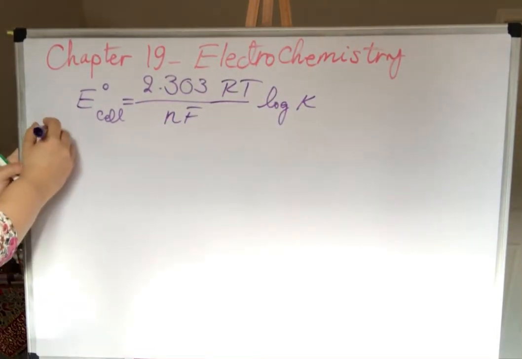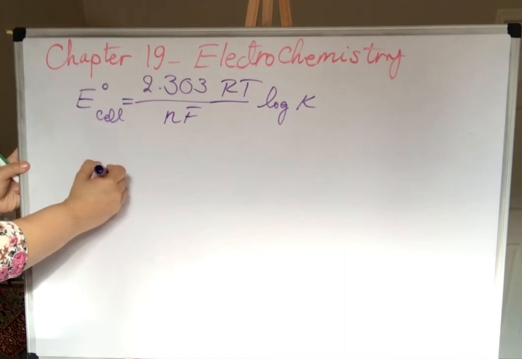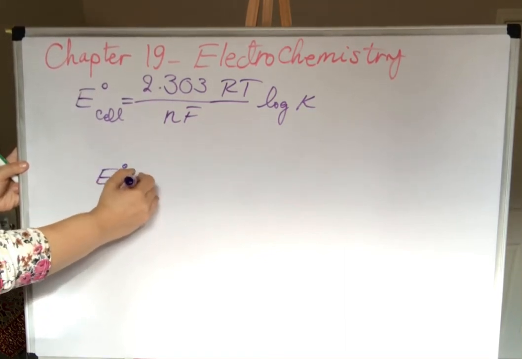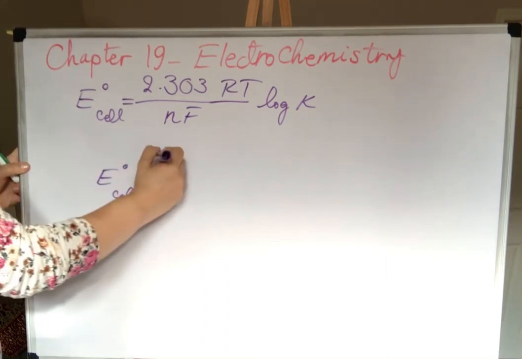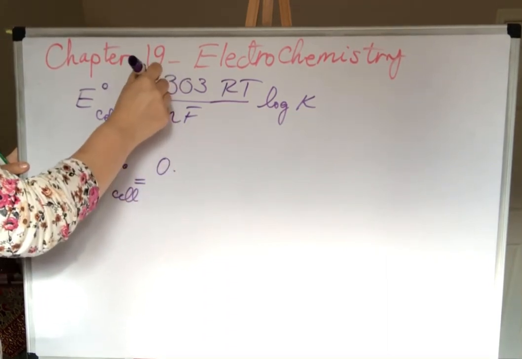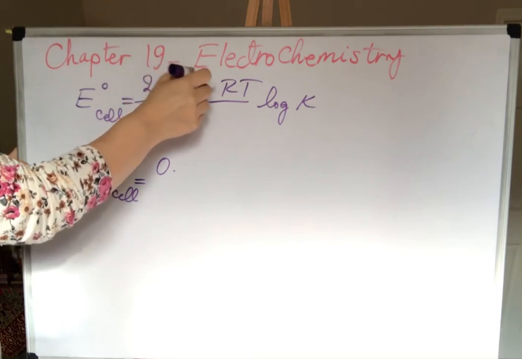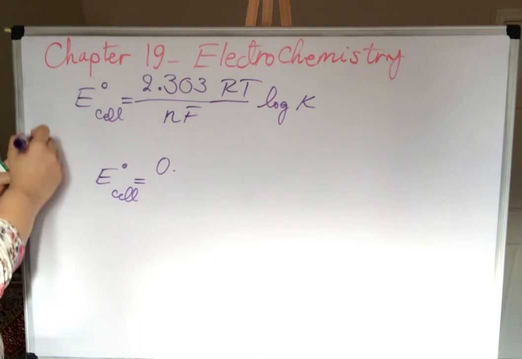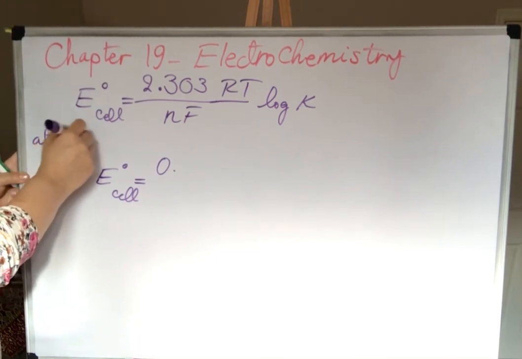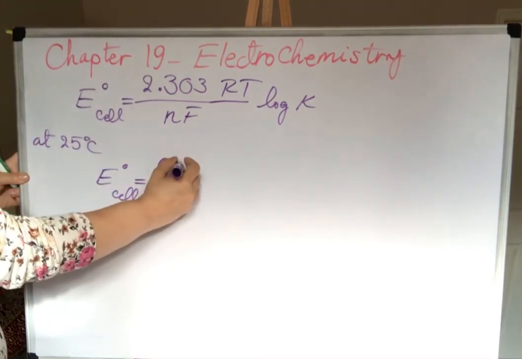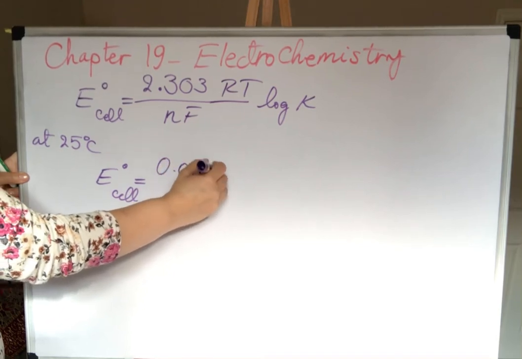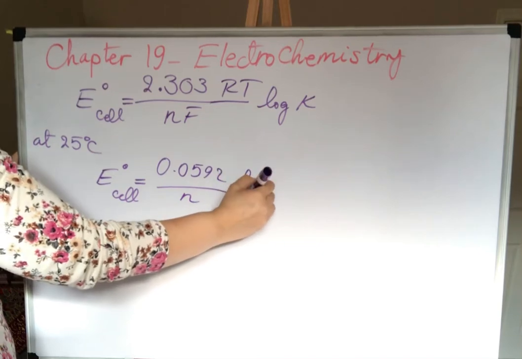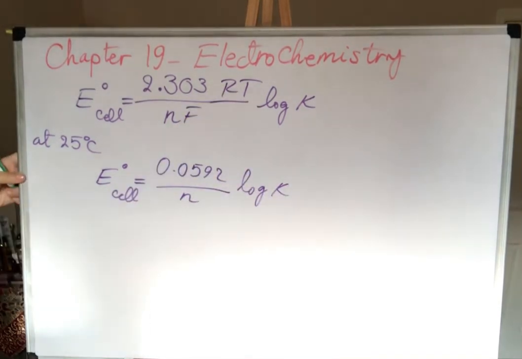Or at 25 degrees Celsius, instead of nF, you can change this to 2.303 divided by F times RT. If you have it at 25 degrees Celsius, then you will have 0.0592 divided by n times the logarithm of K.